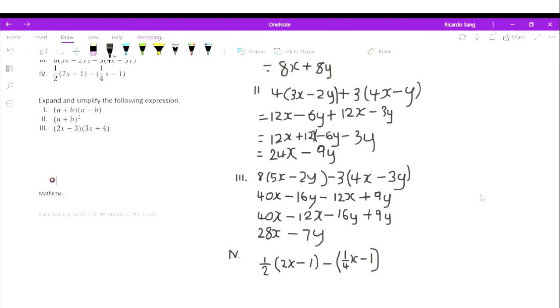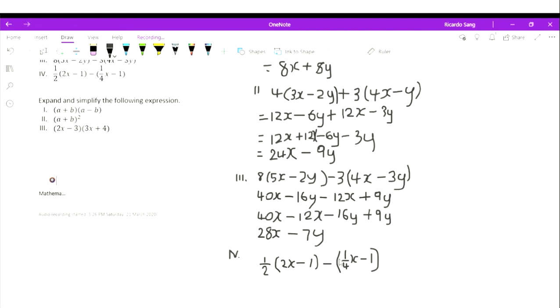Alright, this is what we have now. Okay, so we're going to use the distributive law to remove this.